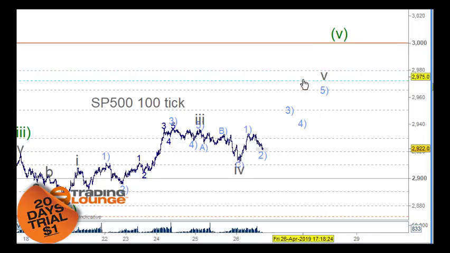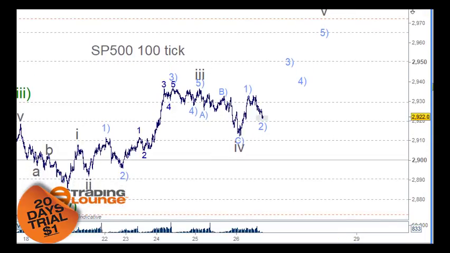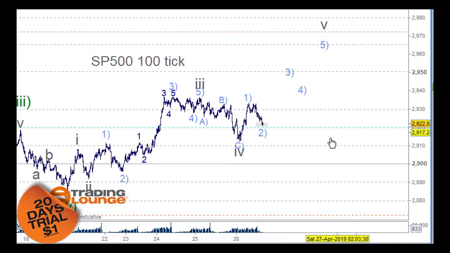Just before we leave this and get into that, that's basically where we are. We're looking for 5 waves up here.